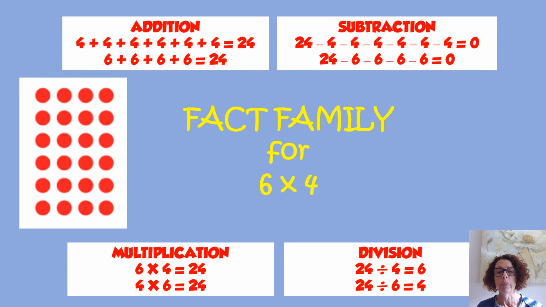So for any multiplication fact that you choose, you should be able to write 8 different equations, 2 for each operation. The only exception would be if you had a fact, for example, 4 times 4 or 3 times 3, where you've got two numbers the same, and then you would only be able to write 4 facts, one for each operation.